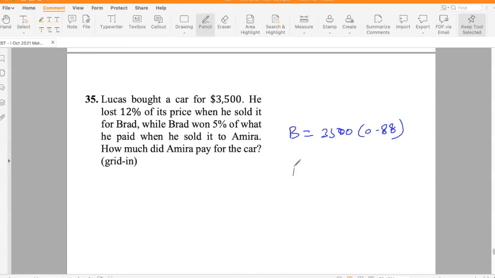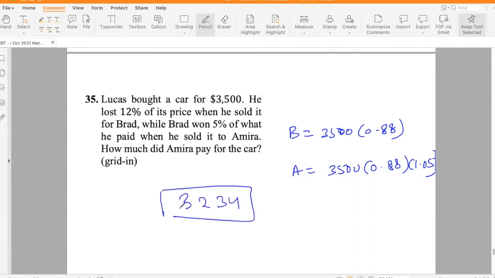So Amira got it for Brad's price multiplied by 1.05, because that's how much Brad made as profit. So Amira's price would be 3,500 times 0.88 times 1.05. So 3,234, right? So Amira paid 3,234.